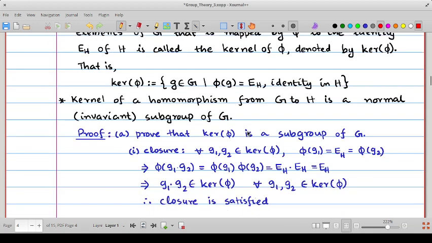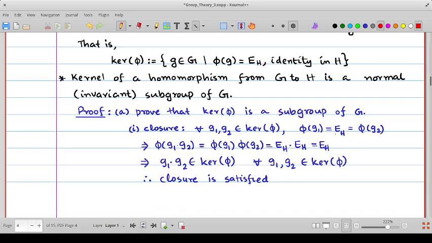Now the kernel has a property that the kernel of a homomorphism from G to H is a normal subgroup of G. So to prove this, we first show that the kernel is first of all a subgroup of G, and secondly we show that it is a normal subgroup of G. So we check whether the set given by this definition, kernel of phi, satisfies all the group axioms.